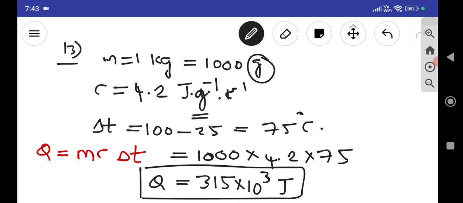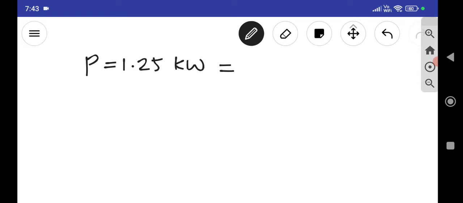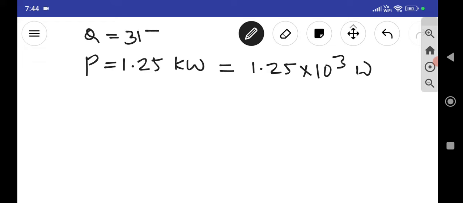So first we get the heat energy. Next, we know that power is equal to 1.25 kilowatt, nothing but 1.25 into 10 to the power of 3 watt, and we calculated the Q value as 315 into 10 to the power of 3 joule. They are asking to find out the time.